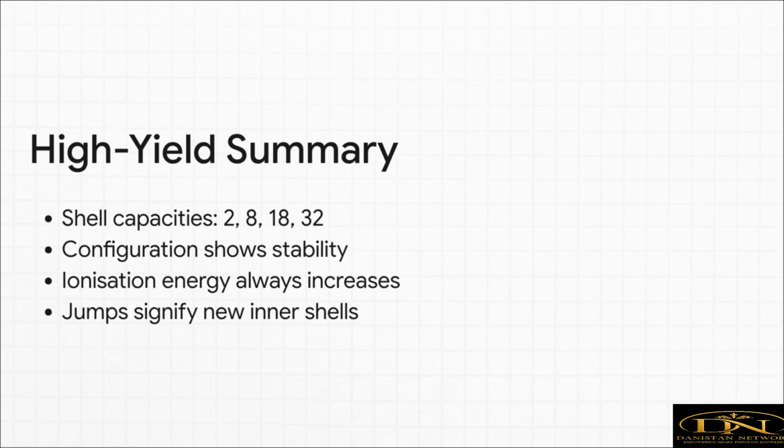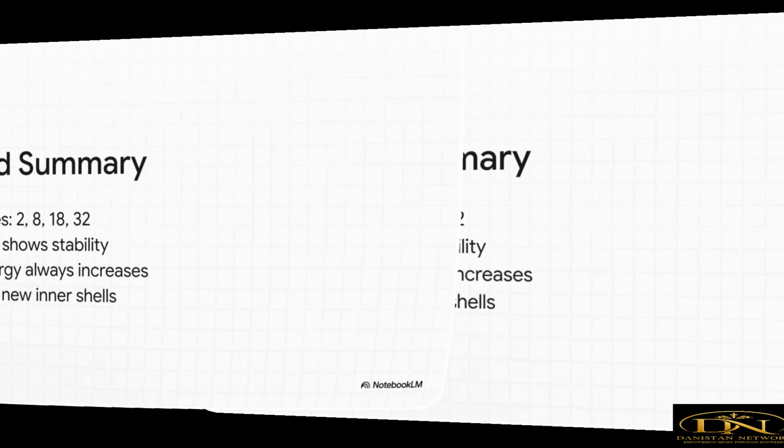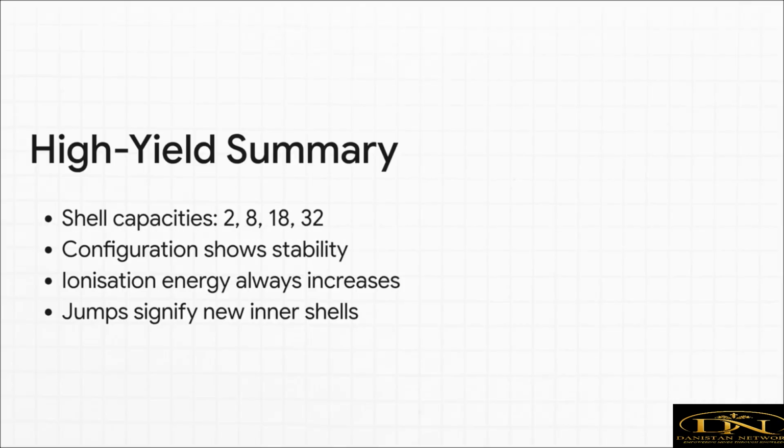It completely dictates chemical stability and reactivity. 4. Ionization energy is the exact measure of energy needed to remove gaseous electrons. 5. Successive ionization energies always increase continuously. 6. Those dramatic energy jumps confidently indicate you're breaking into inner shells. And finally, 7. Emission spectra and ionization energies provide the rock-solid proof that these specific electronic structures actually exist.